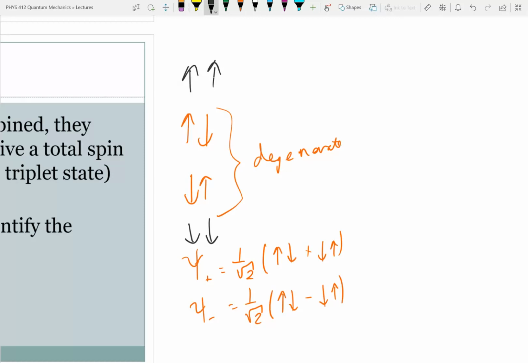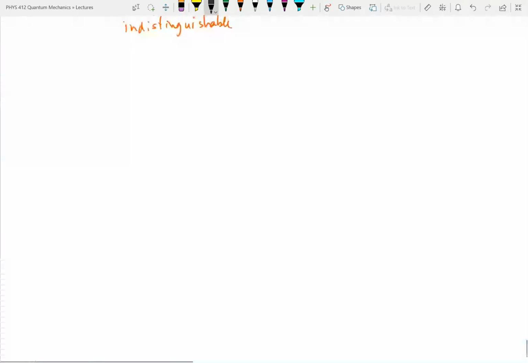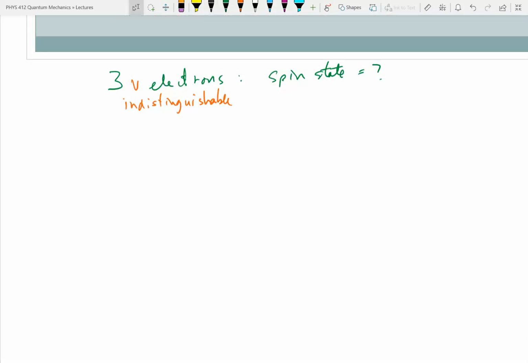We did it directly. We just said, well, how can we combine? We can have them the same, the opposite, different orders for the opposite, and we came up with them. So we could start by doing that. It may not be the fastest way, but it might be the most obvious way to you.